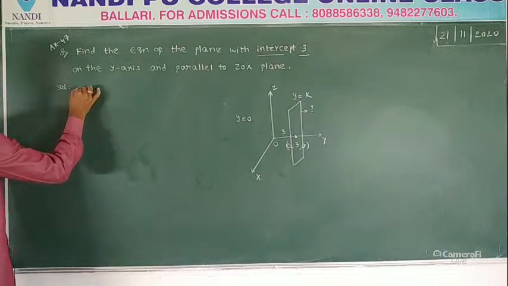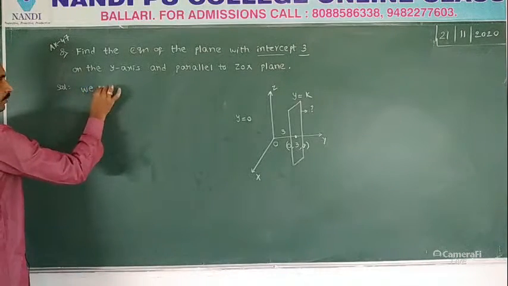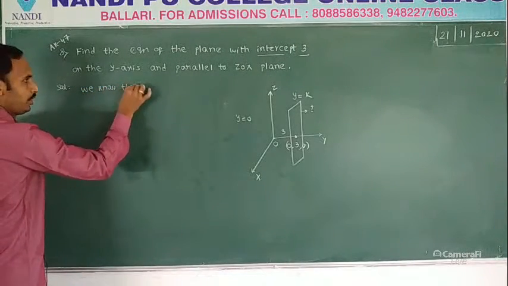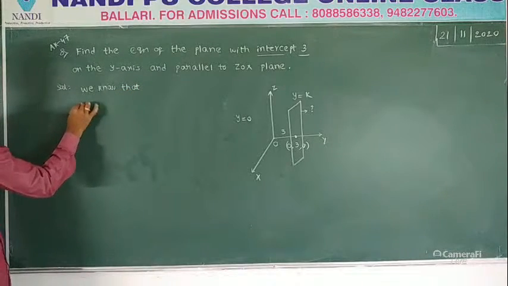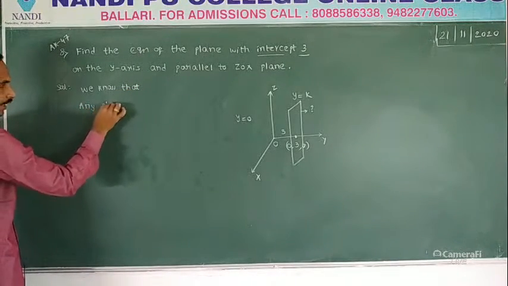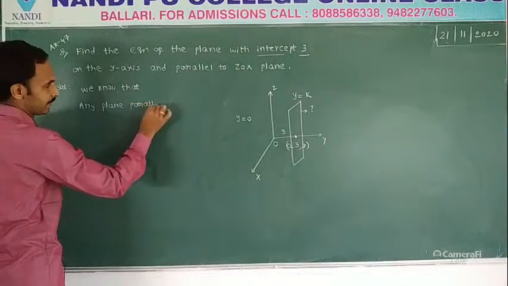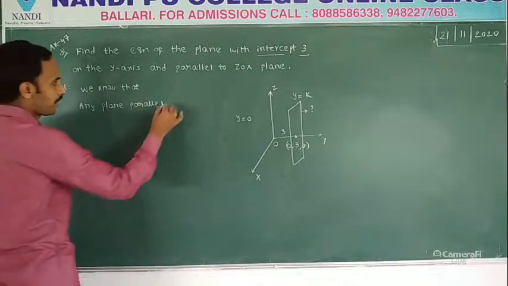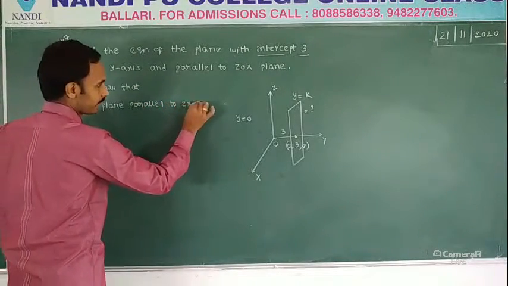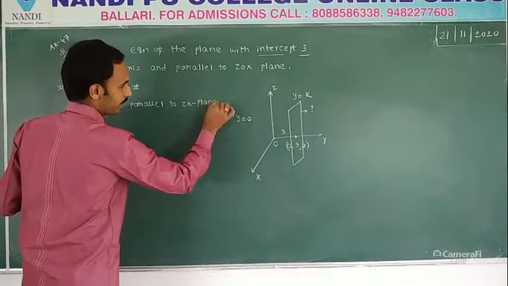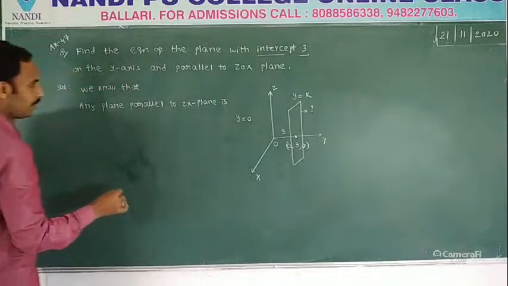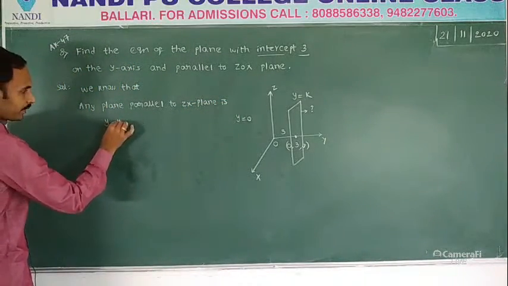We know that any plane parallel to zx plane is y is equal to k.